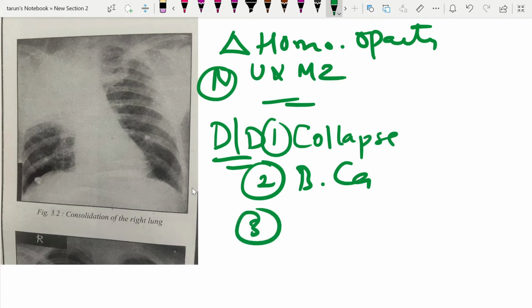Then the third differential could be pulmonary tuberculosis. In pulmonary tuberculosis, sharply defined consolidation is rare. Pleural reaction is more common. Then the fourth differential is pulmonary infarction.